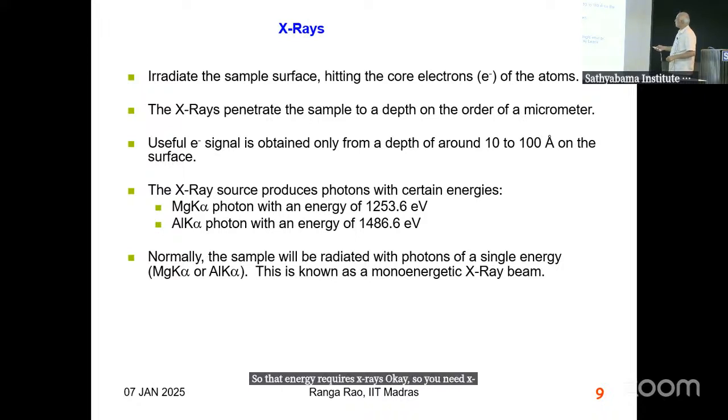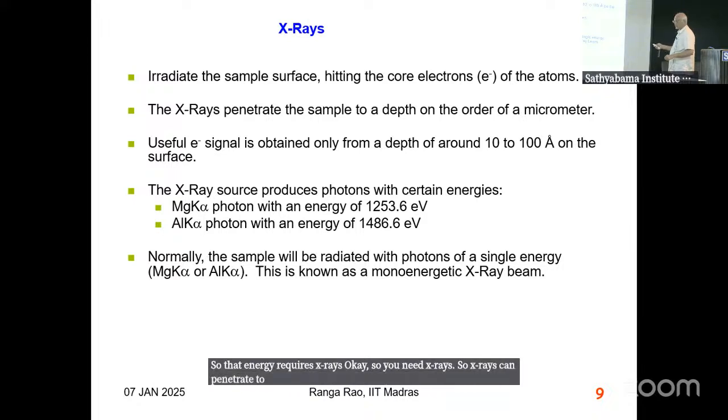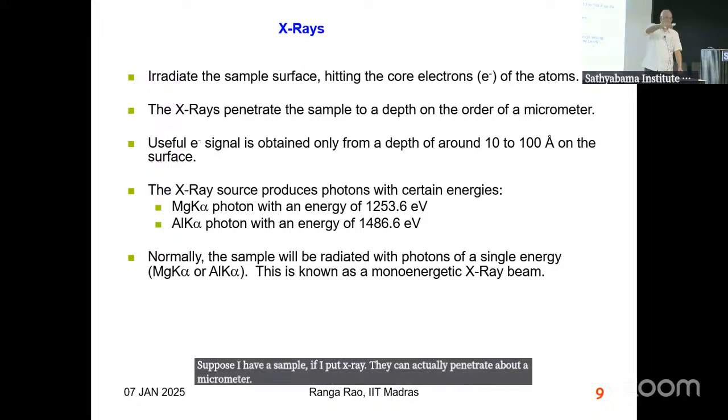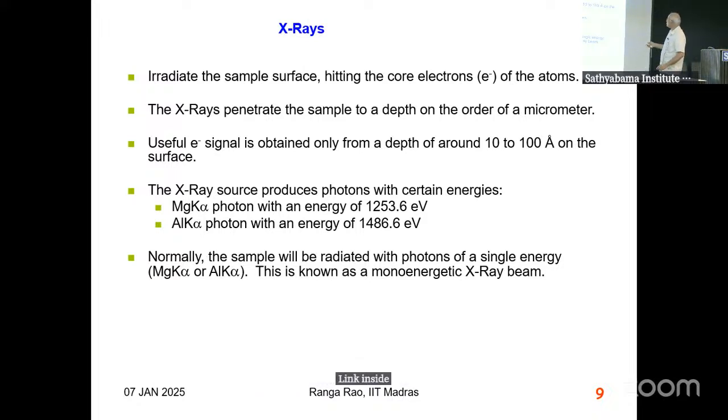X-rays can penetrate into the sample to the order of a micrometer. Suppose I have a sample. If I shine X-rays, they can actually penetrate about a micrometer inside the sample. But these are not hard X-rays; these are somewhat soft X-rays.